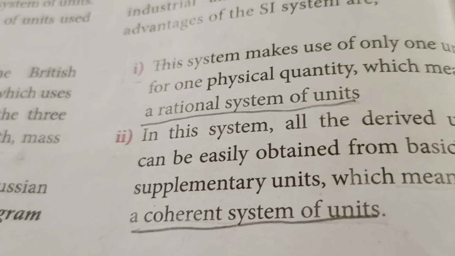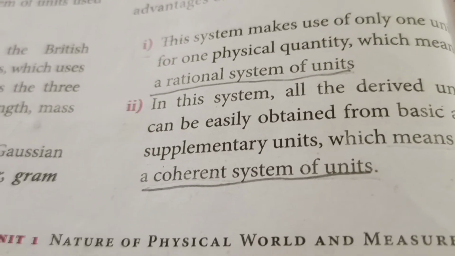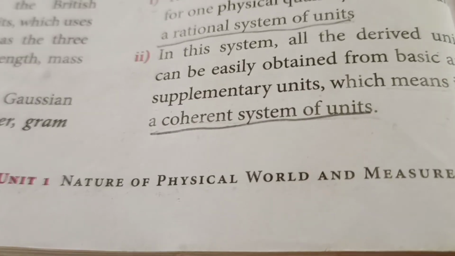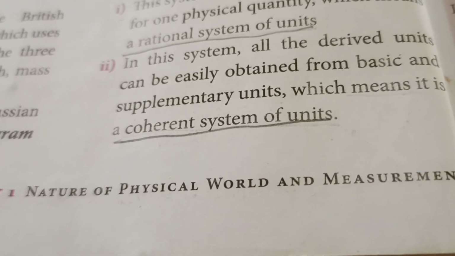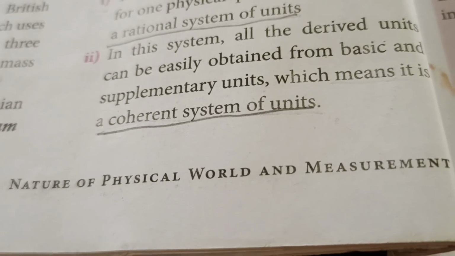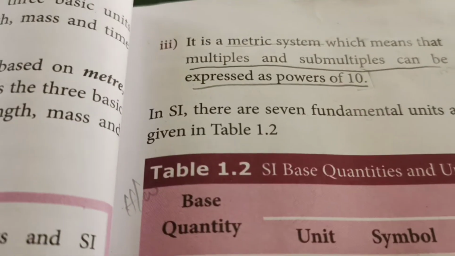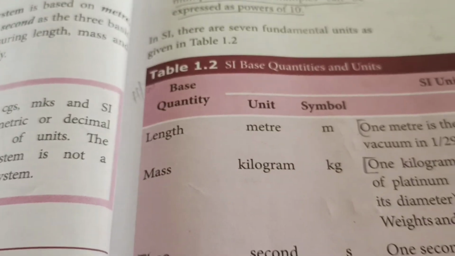This system makes use of only one unit for one physical quantity, which means it is a rational system of units. This is a 2-mark question, mark it. In this system, all the derived units can be easily obtained from basic and supplementary units, which means it is a coherent system of units. It is a metric system, which means that multiples and submultiples can be expressed as powers of 10.